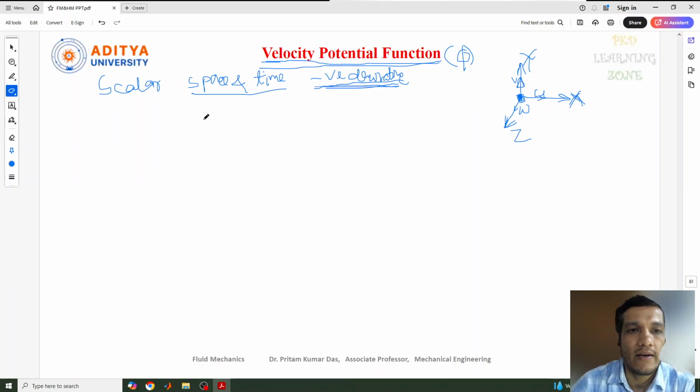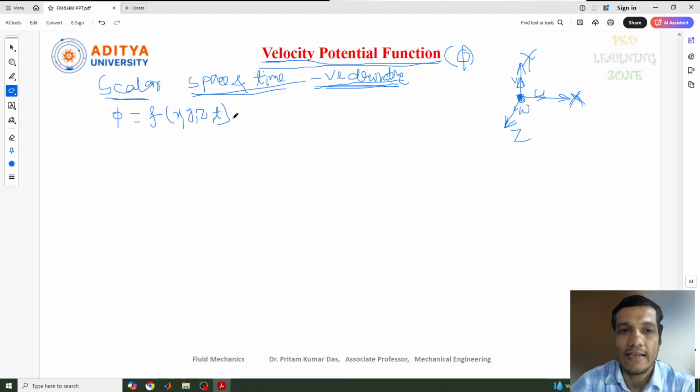So phi is a function of space and time. We can write phi equal to a function of space, which is x, y, z, and time t.